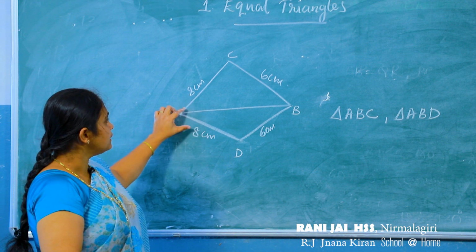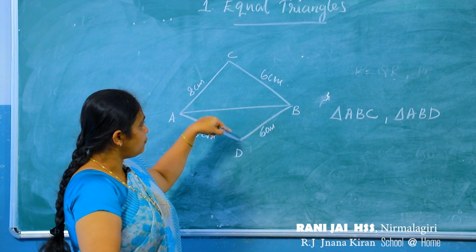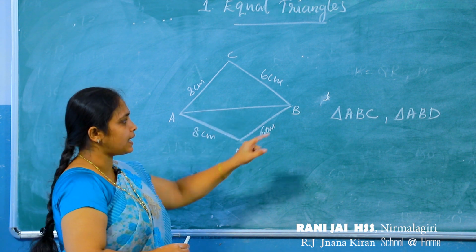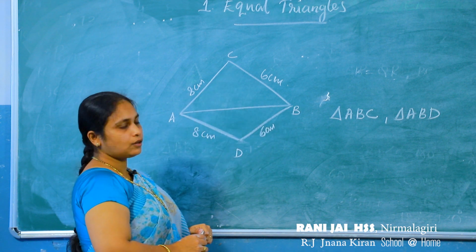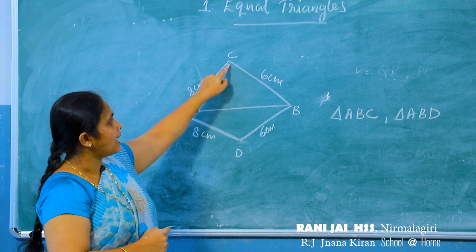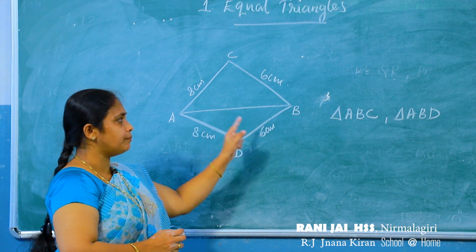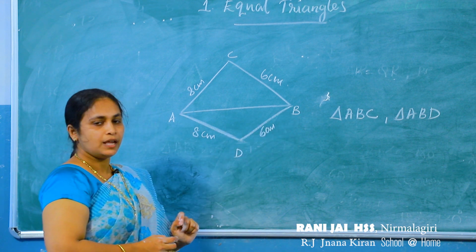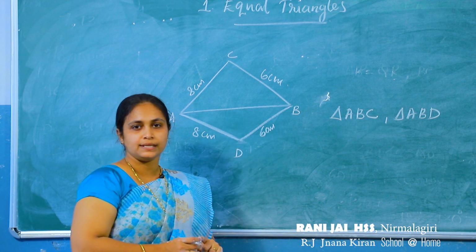Here only these two sides and these two sides are given. Then how do we find the angles of these two triangles? Now consider the first triangle, triangle ABC. Here AC equals 8 centimeters and BC equals 6 centimeters, and we don't know side AB. Now consider the second triangle ABD. Here also these two sides are 8 centimeters and 6 centimeters, and we don't know AB.